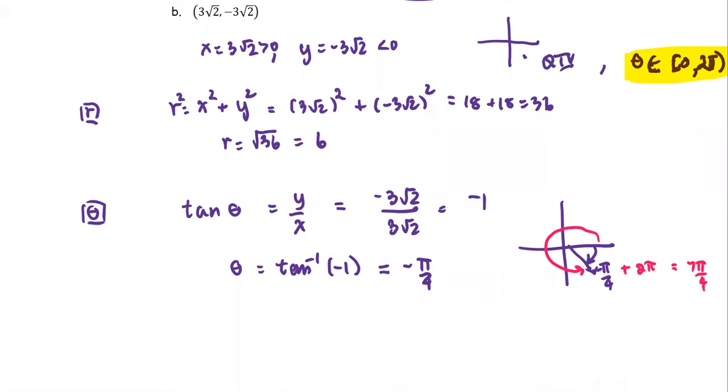So the angle that we're going to use is 7 pi over 4 to make sure that it's positive and between 0 and 2 pi. Then we can summarize that 3 square root 2, negative 3 square root 2 is converted into the polar coordinate as 6, 7 pi over 4. And it's located in quadrant number 4, the same as the Cartesian coordinates.